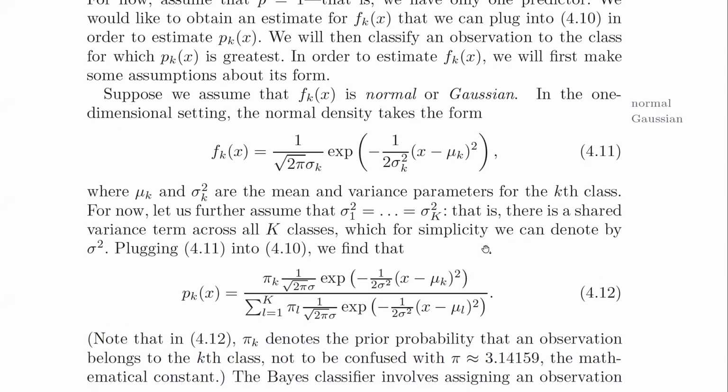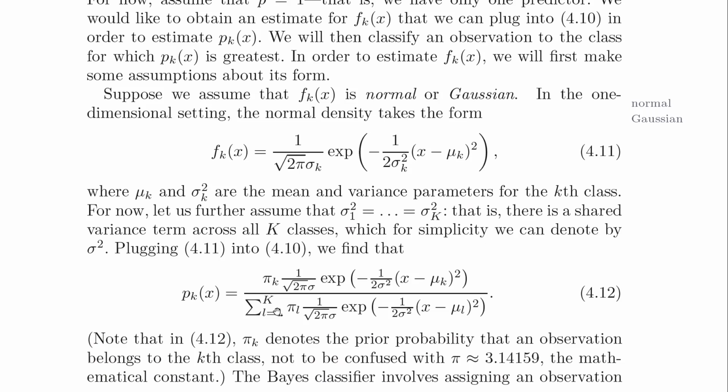In order to estimate fk of x, we shall first make some assumptions about its form. Suppose we assume that fk of x is normal or Gaussian. We'll do it in Desmos in a few minutes' time.